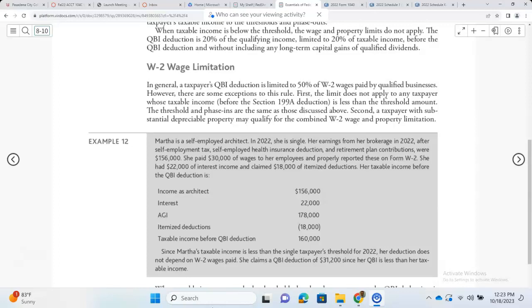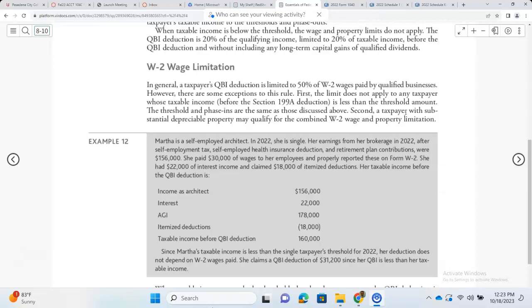So first, the limit does not apply to any taxpayers whose taxable income before the QBI is less than the threshold amount. So if you are below the threshold, that limitation will not apply. What is the threshold? The $340,000 that we were referring to. The threshold and phase out are the same as discussed above.